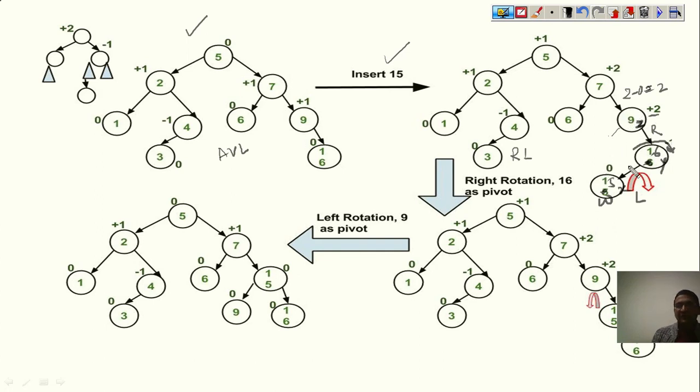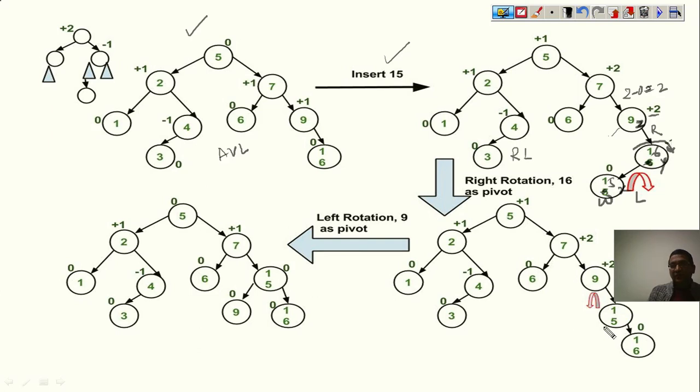So when you do the right rotation here, what you will get is that this goes down and 15 will come here. So this is what you observe. 15 will go here, 16 will go down, and actually you have moved to the right-right case.